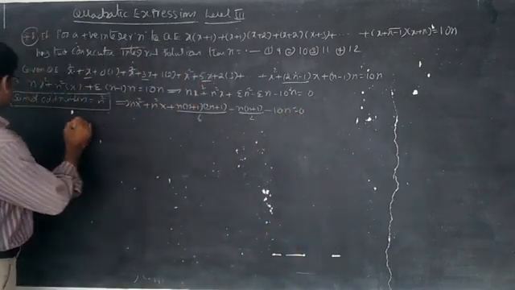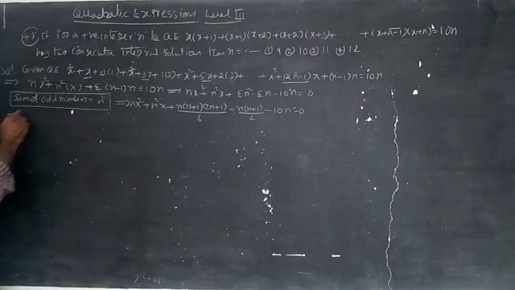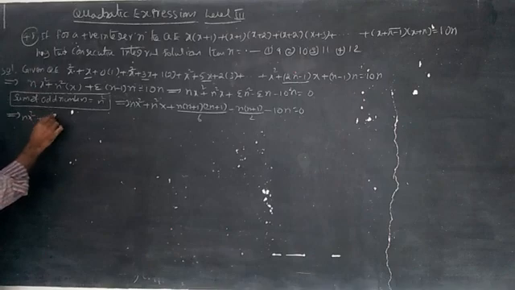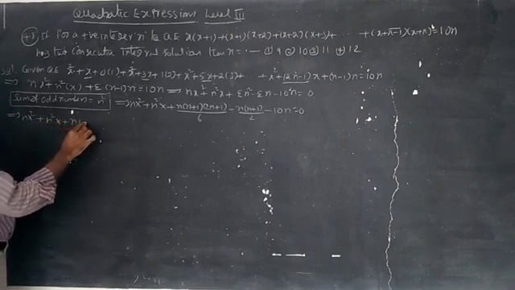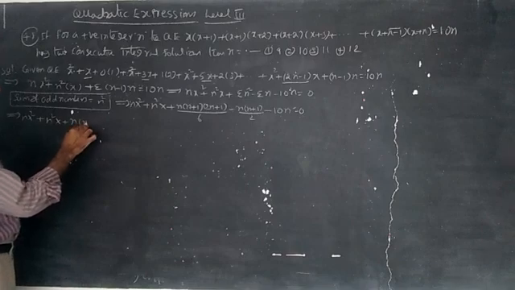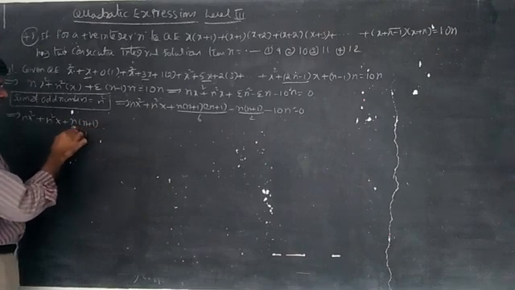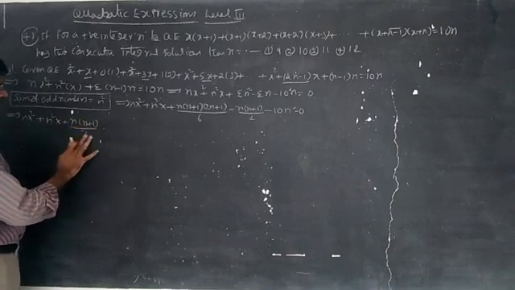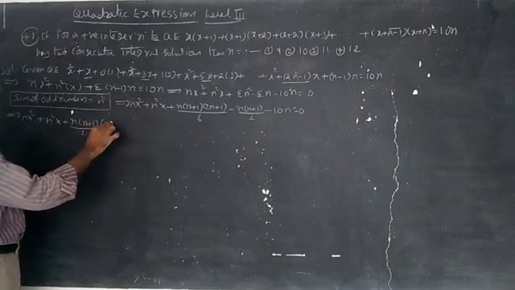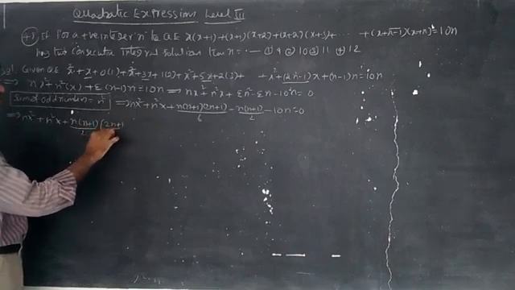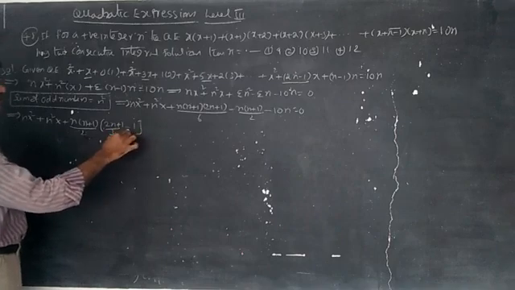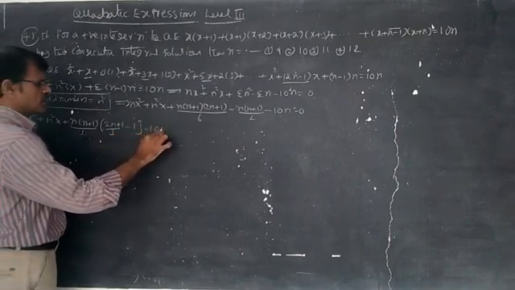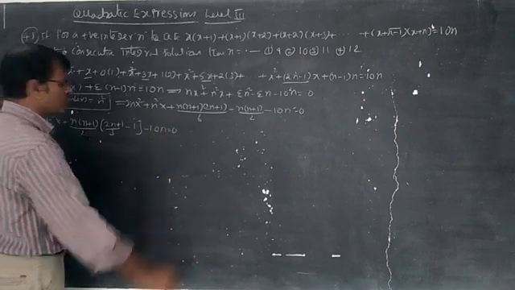That implies n x square plus n square x plus, in the two terms you can take common n(n+1)/2, so it becomes (2n+1)/3 minus 1, minus 10n is equal to 0.